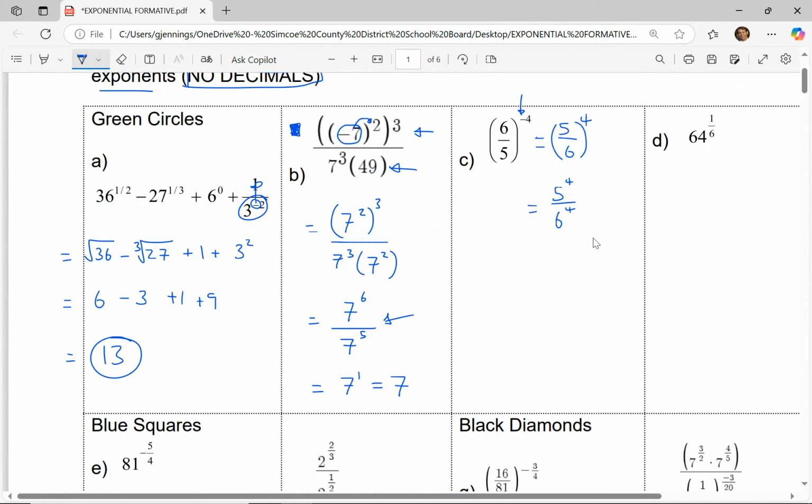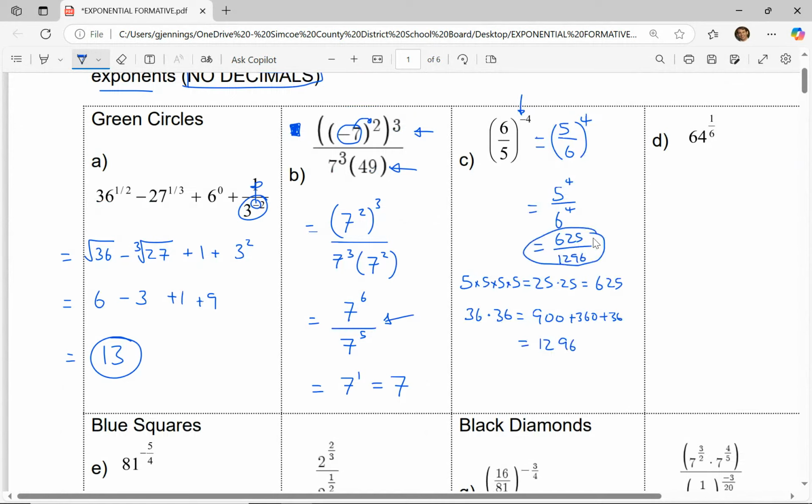And then 6 to the 4 is the same thing as 36 times 36, which is equal to 900 plus 360 plus 36, which is equal to 1296. Right, I knew that. There, done. Okay, so that's how you do that one.